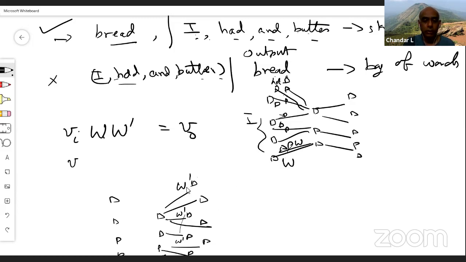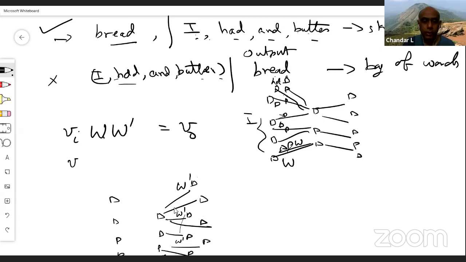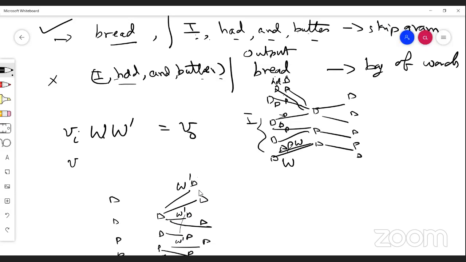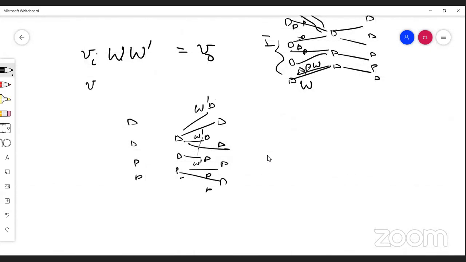Whereas you're trying to come up with a W dash which is predicting not just one of these context words, but the others also. So the training really depends on the fact that there are multiple layers. Got it. I can imagine a little bit, but I will wait for your further lecture.